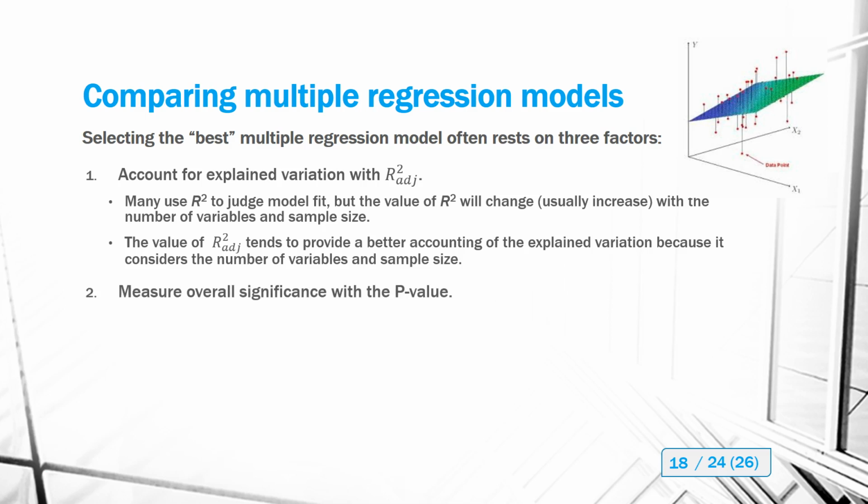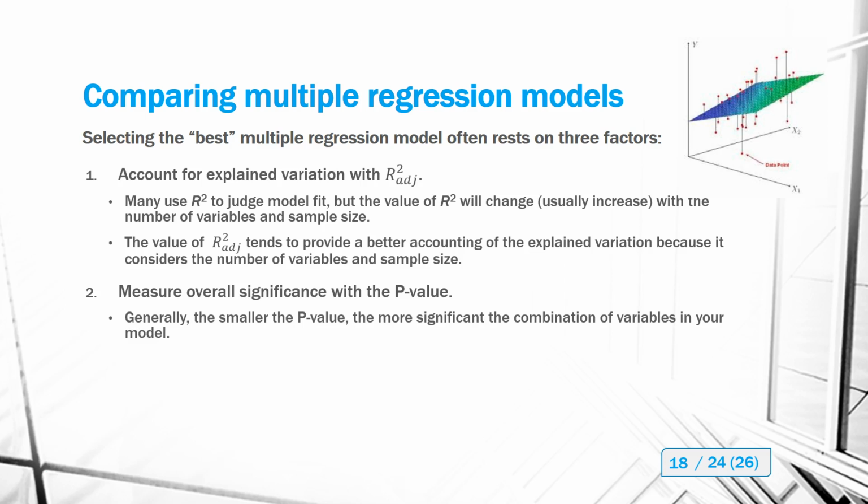We want to measure overall significance with the p-value. So the p-value is the second of the three factors that we're going to use to select our best model. Generally speaking, as we've seen with hypothesis testing, the smaller the p-value, the more significant the combination of variables our model is going to have. So smaller p-values are better than larger p-values.